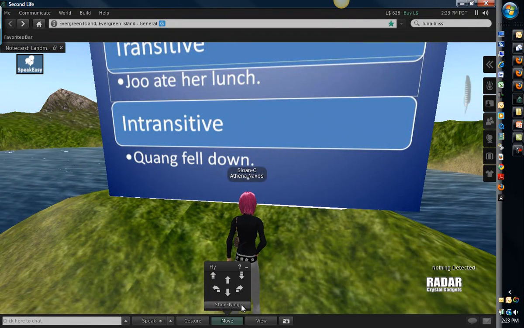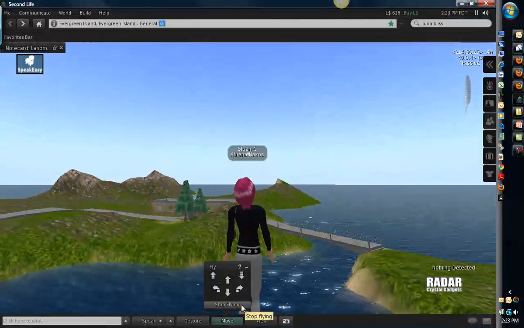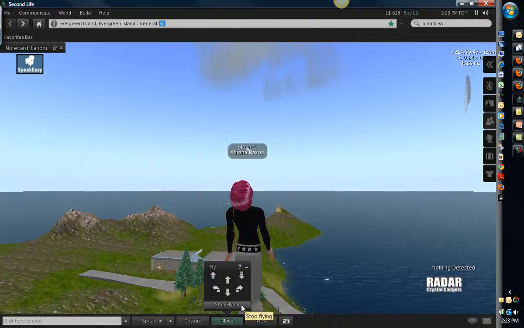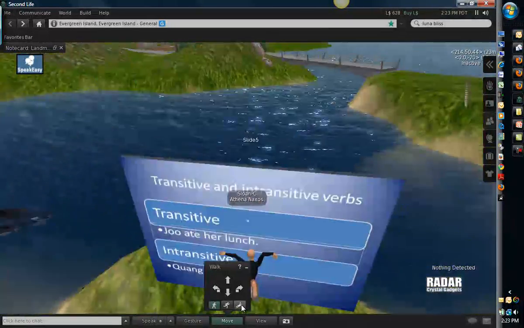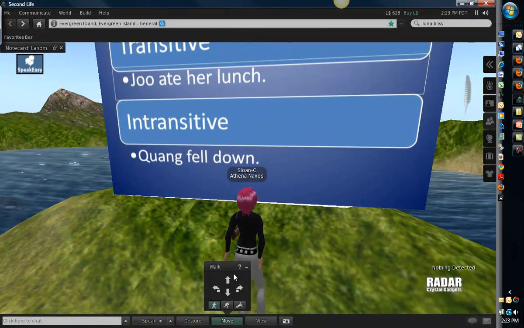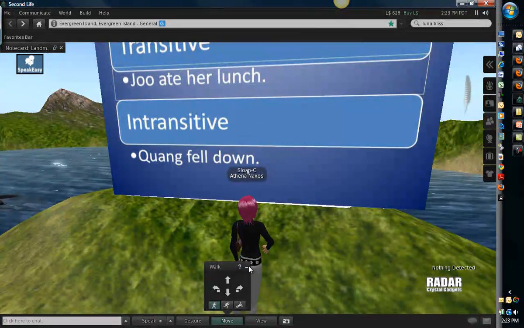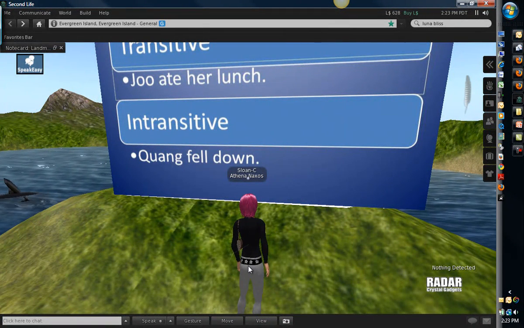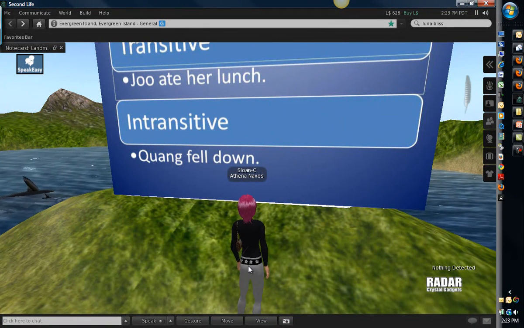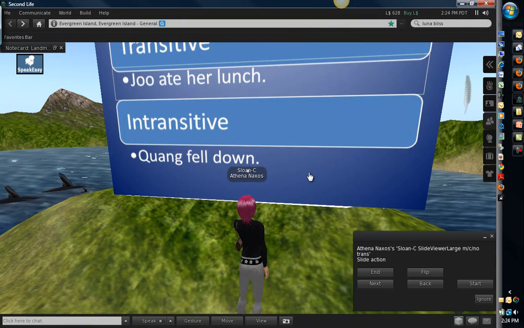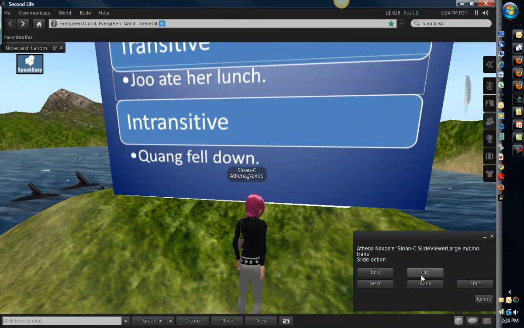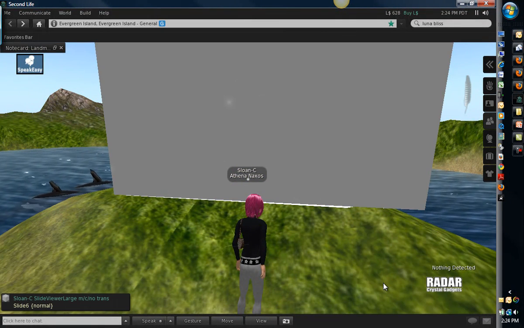This time I'll do a better job. If I fly up really high, and now watch me. Monica fell down. Now, there is no object in the sentence, just me, and I'm the most important thing. So that's how transitive and intransitive verbs are different.